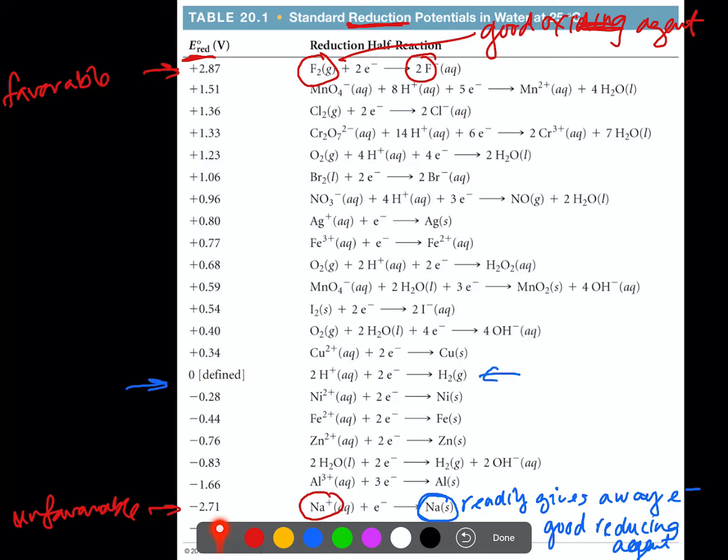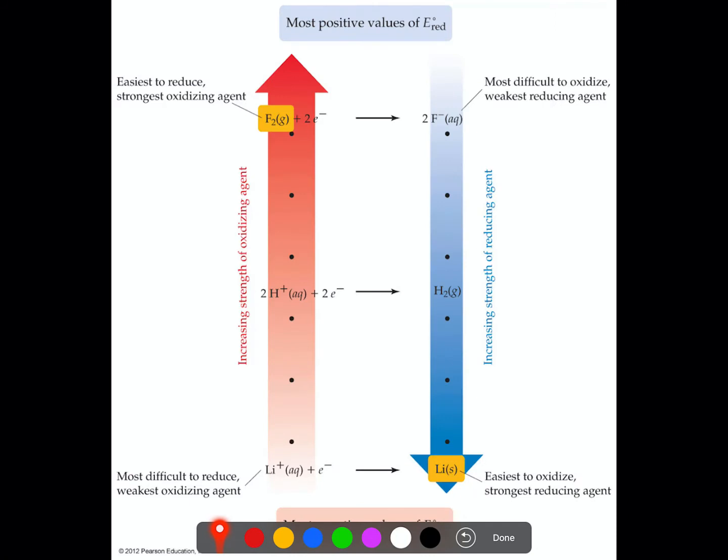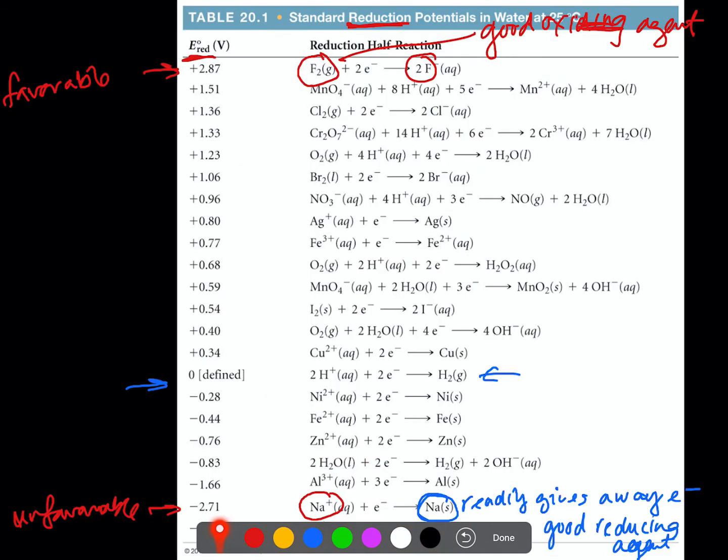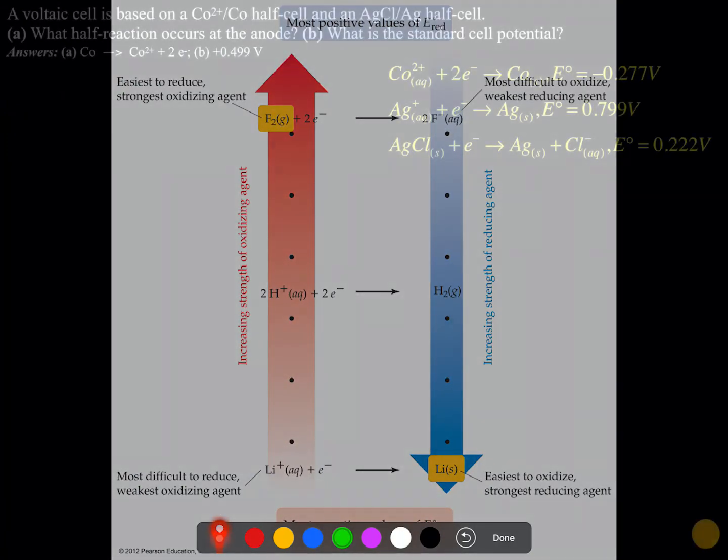So we would use this table to figure out if a reaction is going to happen or not, and how to pick the reaction that's going to happen. And this is sort of just a summary of all of that. Make sure you go over this figure and make sure it makes sense. Make sure you can look at this figure and put all those pieces together.